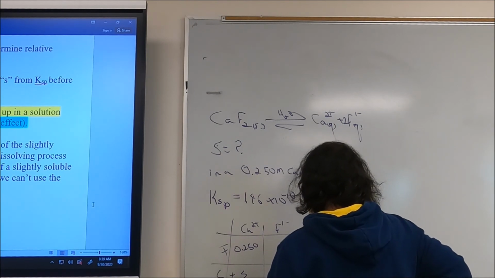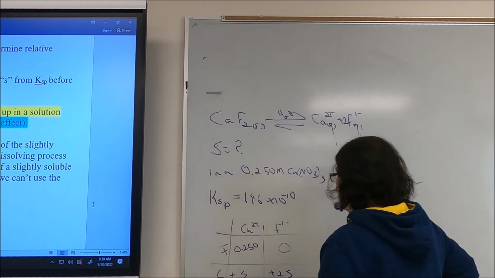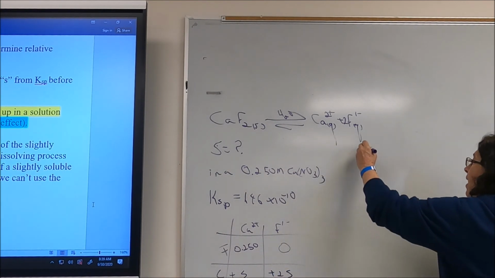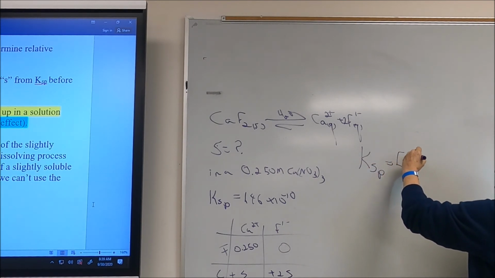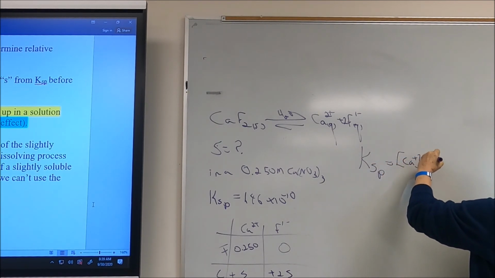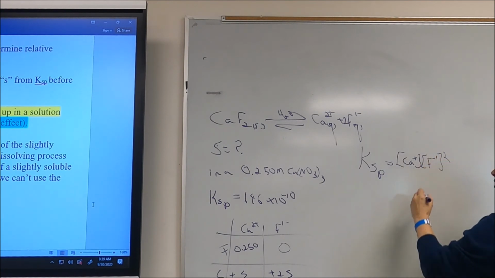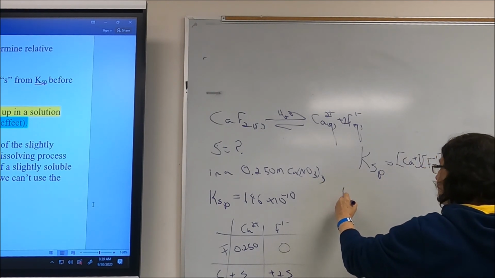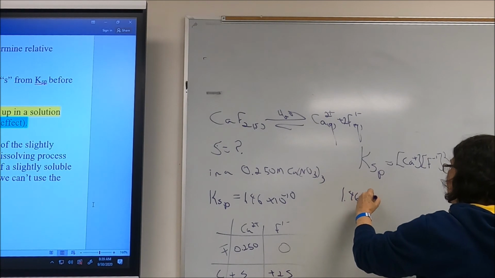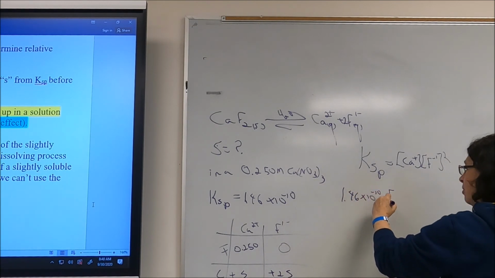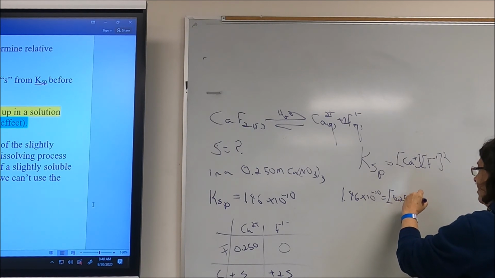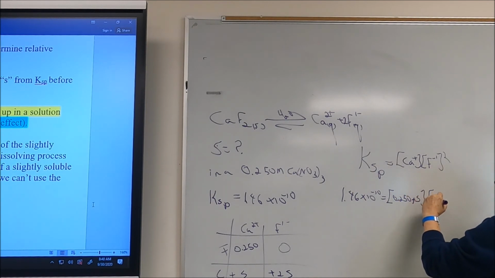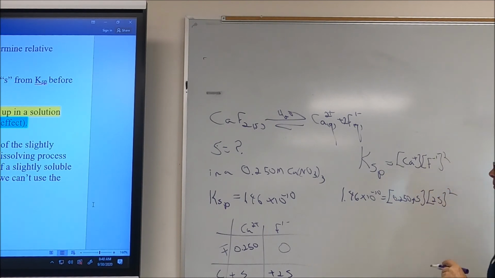So this would be 0.250 plus S, and this is 2S. Now, let's write our KSP expression. Our KSP expression is the concentration of calcium times the concentration of fluoride ions squared. Now, if I plug in 1.46 times 10 to the minus 10, it's going to be equal to 0.250 plus S times 2S squared.